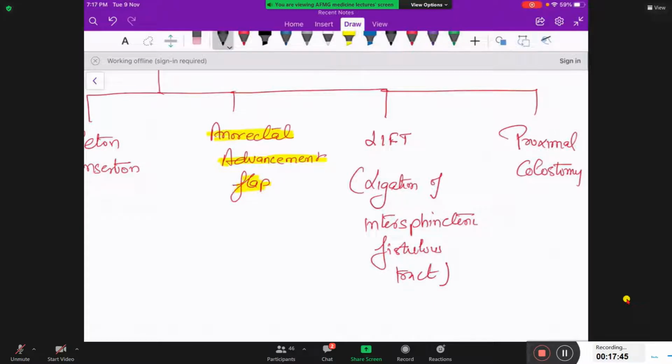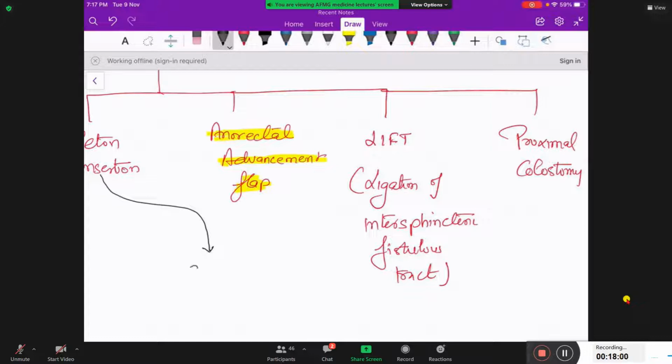And you should also know this point. Seton insertion, this is important. We don't need to go into the detail of seton insertion, but just need to know this.